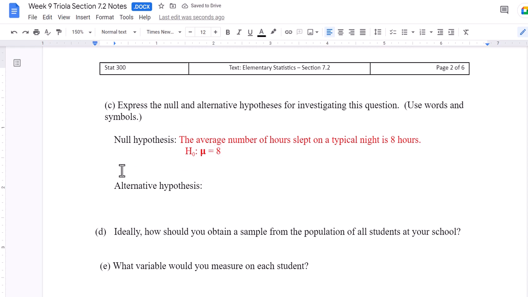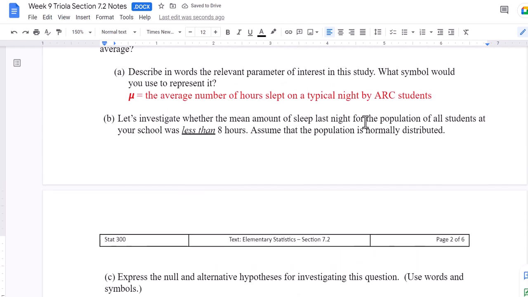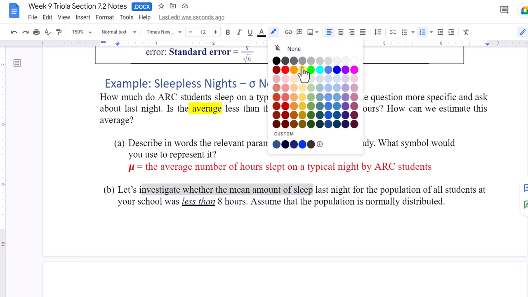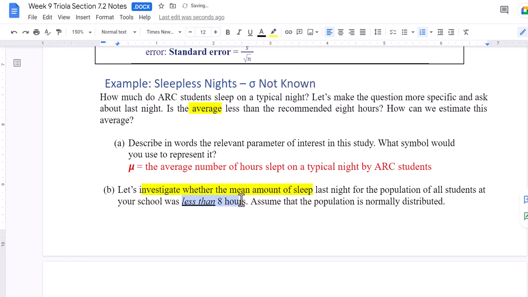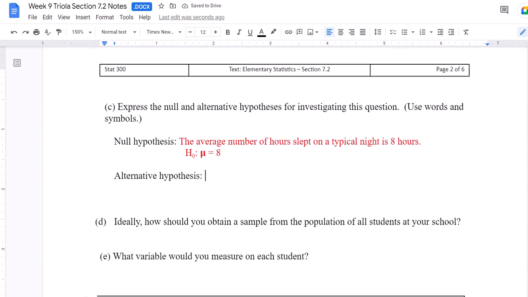And the alternative hypothesis is usually the question: what are we looking at? What do we want to investigate, right? The conjecture. So we want to investigate whether the mean amount of sleep is less than 8 hours. So that's going to be our alternative hypothesis.